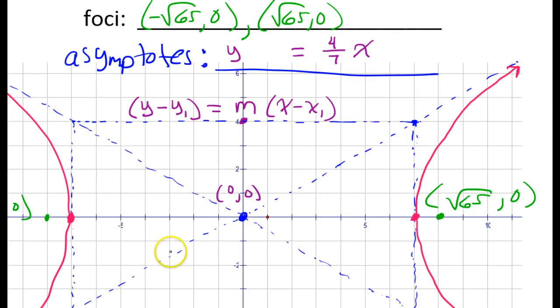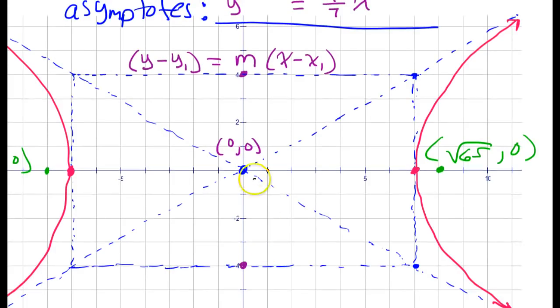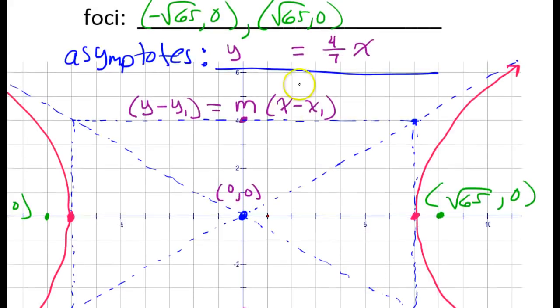The only thing is, this is the equation of the upward sloping line. What about the downward sloping line? Well, I used the same point, so the only thing that's changing is the slope, which is down 4, right 7. So instead of positive 4 over 7, it would become a negative 4 over 7.